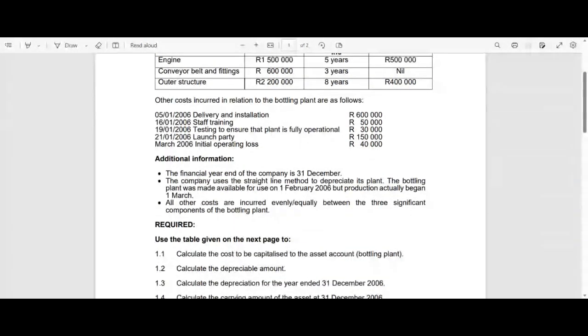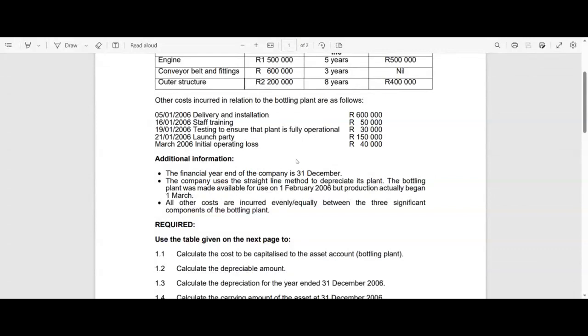They say the financial year end of the company is the 31st of December of each year. The company uses the straight line method to depreciate its plant, this bottling plant. The bottling plant became available for use on the 1st of February 2006, but production actually began on the 1st of March 2006.